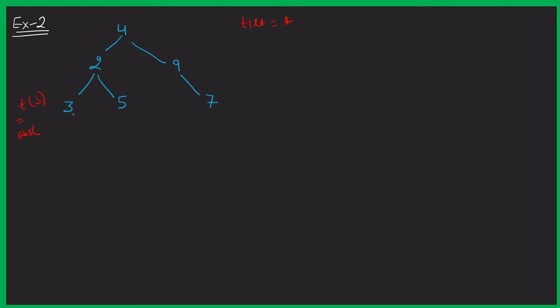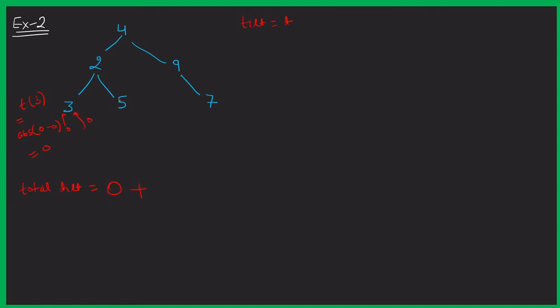It is given in the question that for a leaf node the absolute difference will be the absolute of 0 minus 0. So 0 will be written from the left part and 0 from the right part, so this will be 0. So the tilt of 3 will be 0. I will be adding this to the total tilt, so this answer is 0.